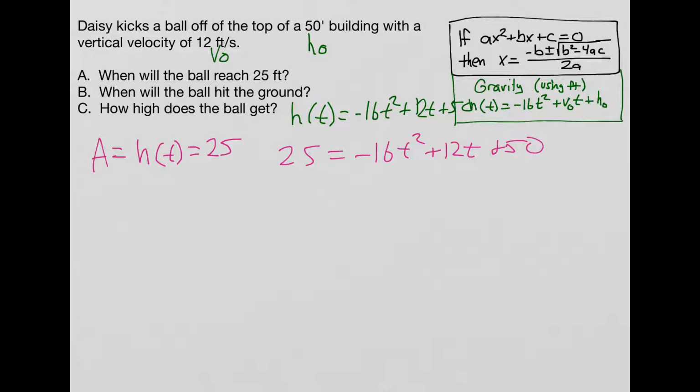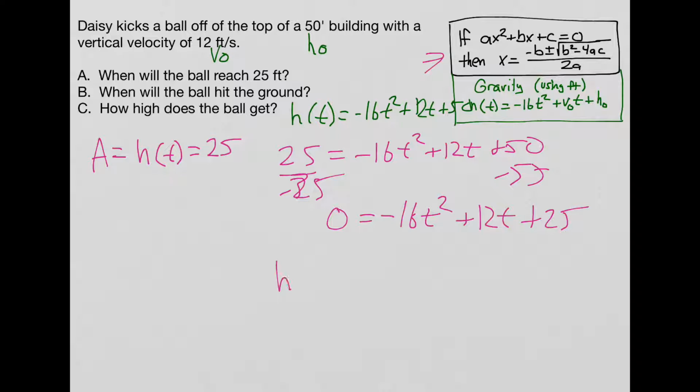Like on our first problem, we don't equal 0, so let's get rid of that. Subtract 25 from both sides, and we'll get 0 equals negative 16t squared plus 12t plus 25. And this is something we can plug straight into our quadratic formula.